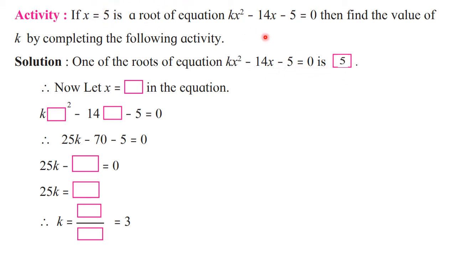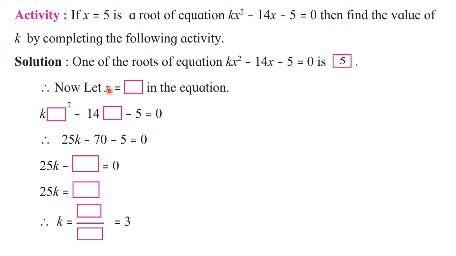What is given to you is 5. Or you can write down the statement as it is: x is equal to 5 is a root of the quadratic equation kx square minus 14x minus 5 is equal to 0. Now this is already provided, but you can write it in this way also if you have to write down the complete solution. If it is not in the form of an activity, then you can change the statement also. So here we are writing 5.